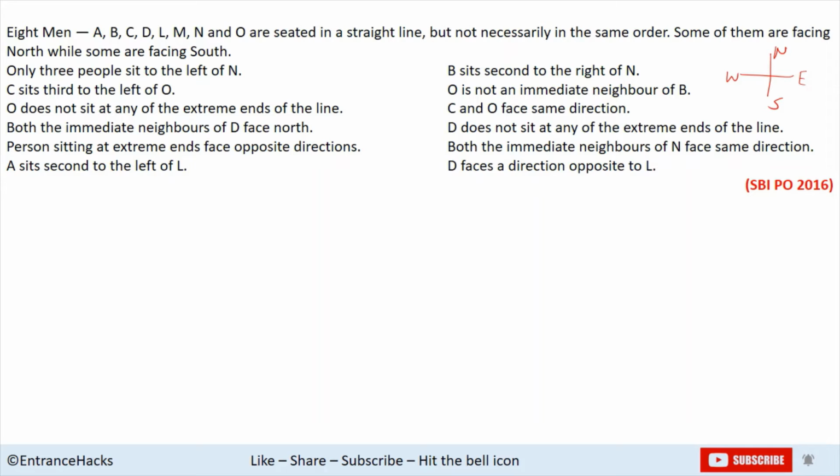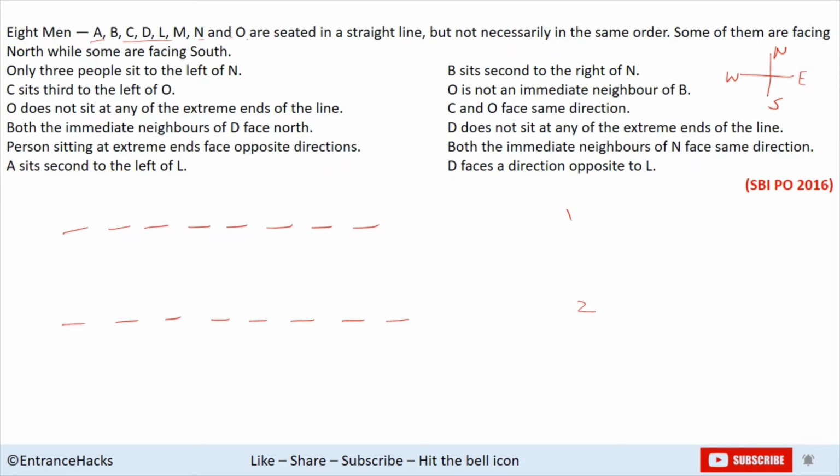We'll start solving the problem by making two options with 8 slots for 8 men. This is our option 1. This is our option 2.